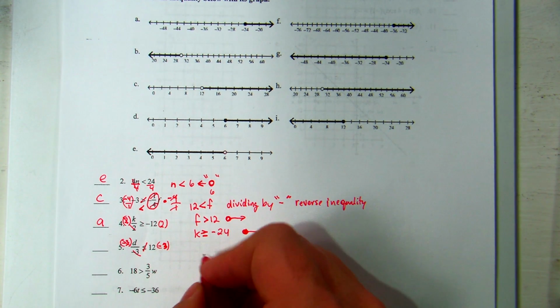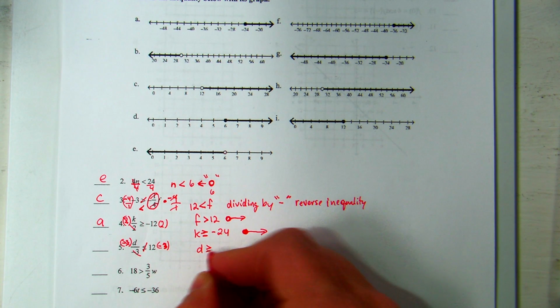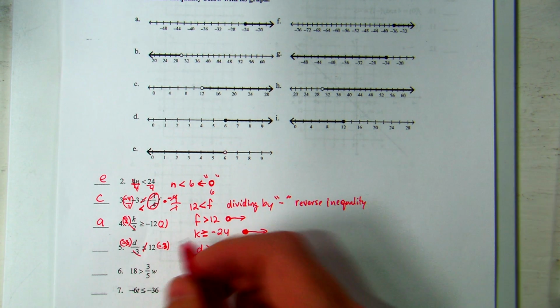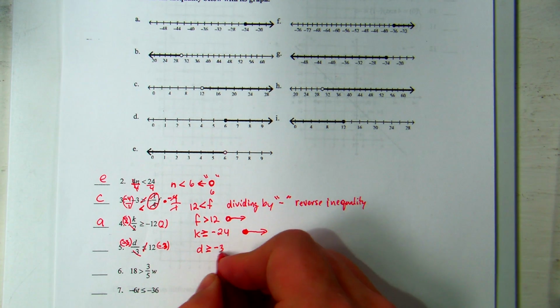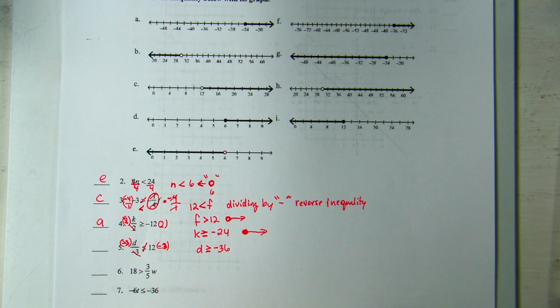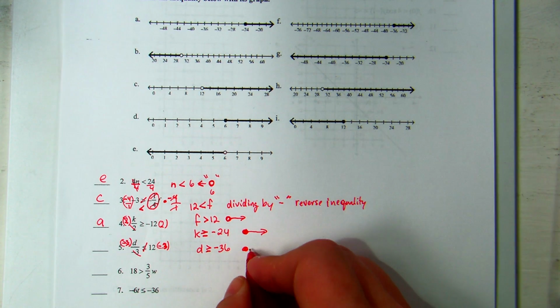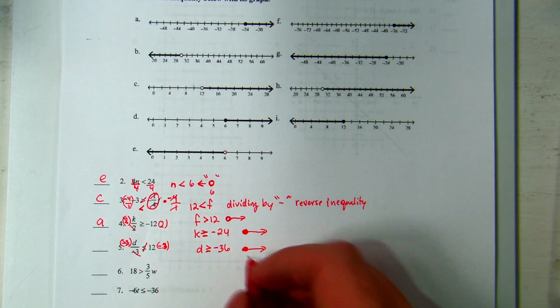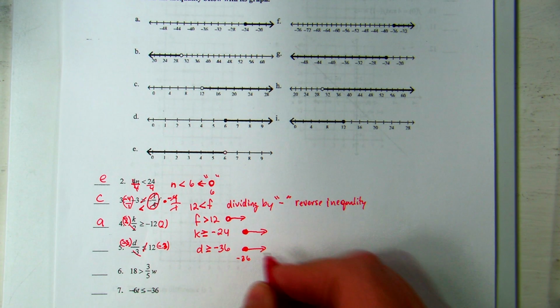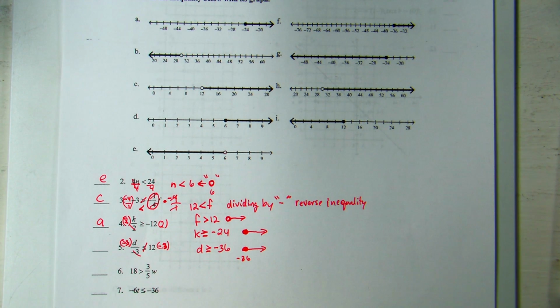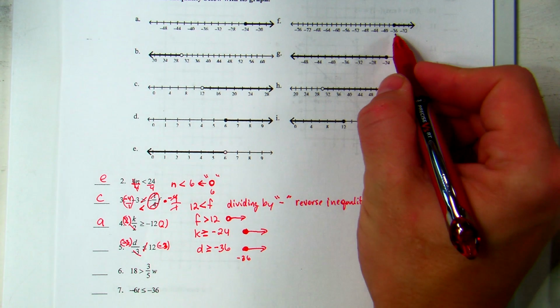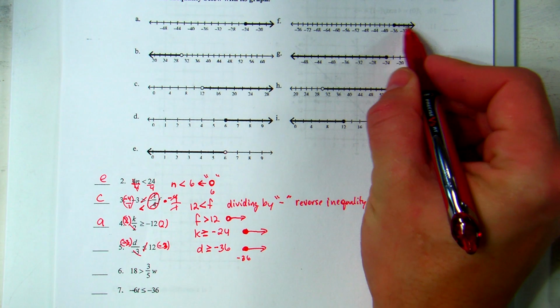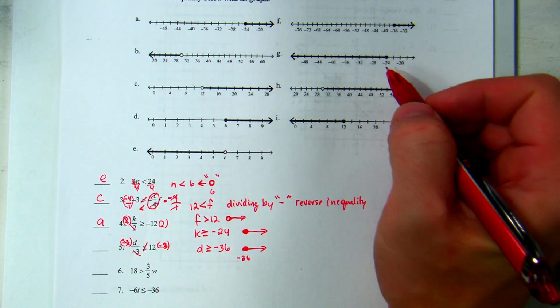So that goes away, and D becomes greater than or equal to, and negative 3 times 12 is negative 36. So it's a closed dot. It goes to the right of negative 36. And I'm hearing F is our answer here. If we look at F, we've got negative 36, closed dot, it goes to the right. So that should be our answer.